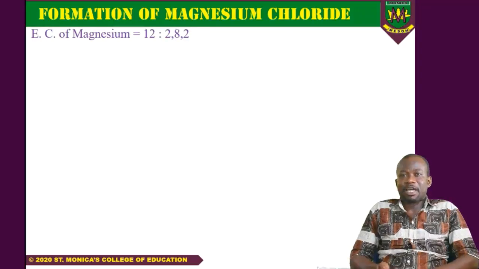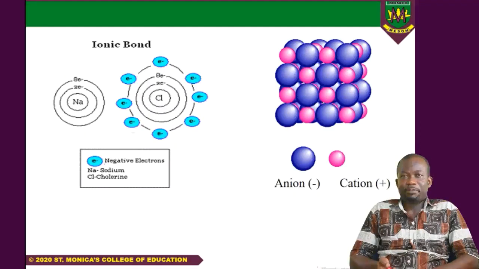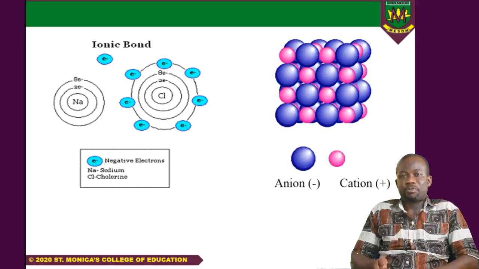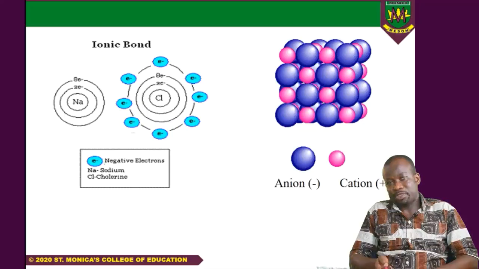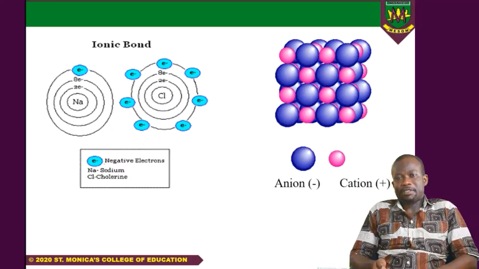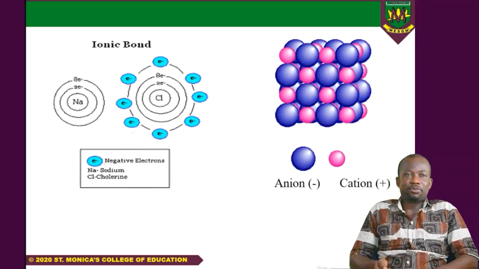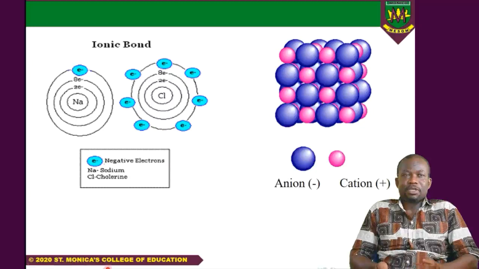Now this is the crystal lattice structure of sodium chloride. You see, we have the pink color, and then we have this other color representing the sodium and the chlorine. So the anion is the chlorine, which is with this, and then the cation it's with this color, and that is the sodium. So in the formation of ionic bond, as you see there, that is what happens.